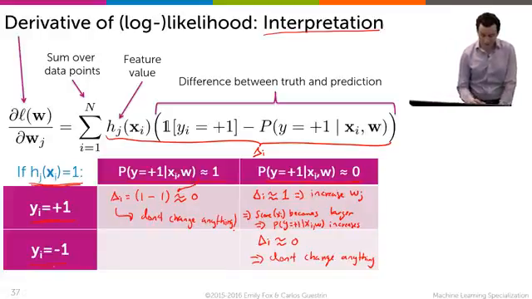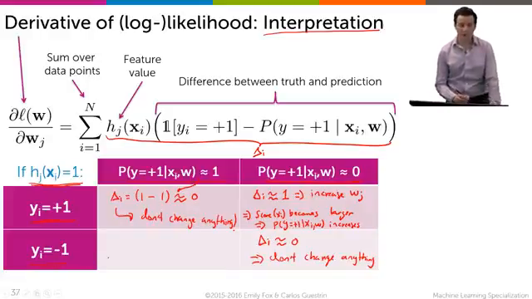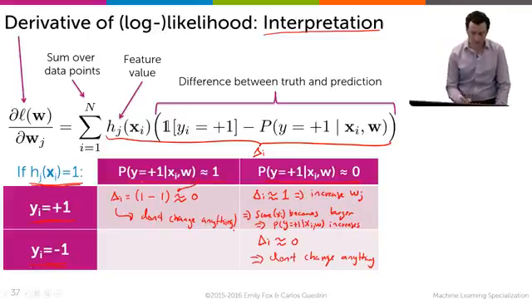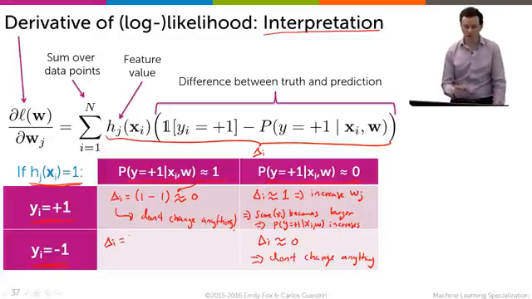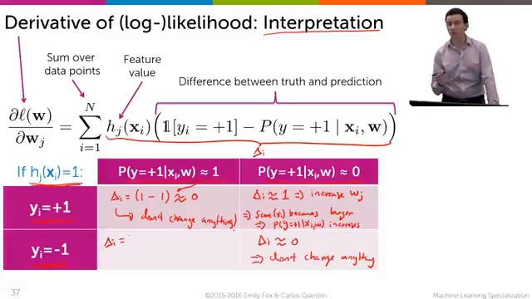However, in the case where the data point were negative, but the prediction I made was that it were a positive data point, then delta i would be the difference between the indicator, which in this case is 0, and the probability, which is approximately 1.